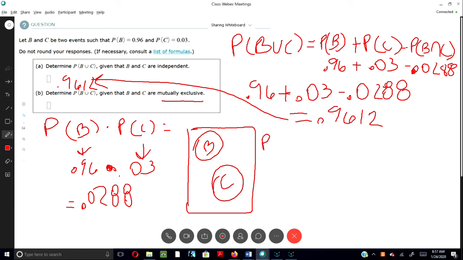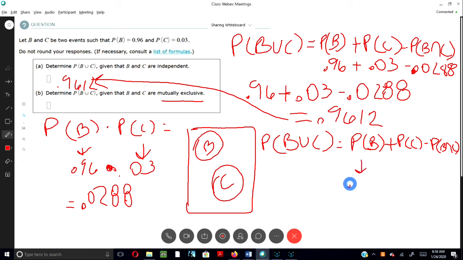We'll say the probability of B union C equals the probability of B plus the probability of C minus the probability of B intersect C.